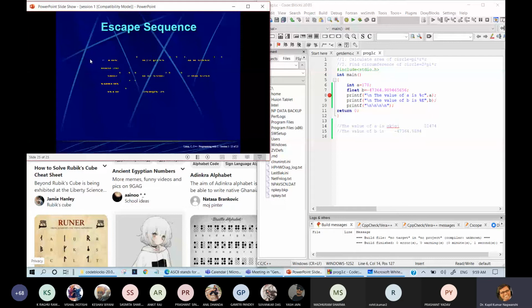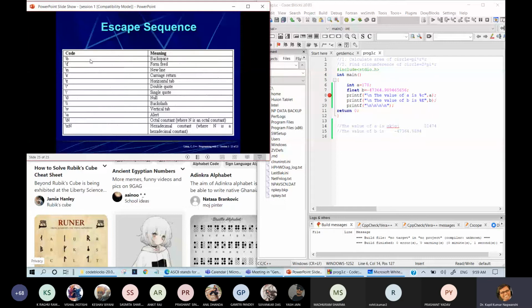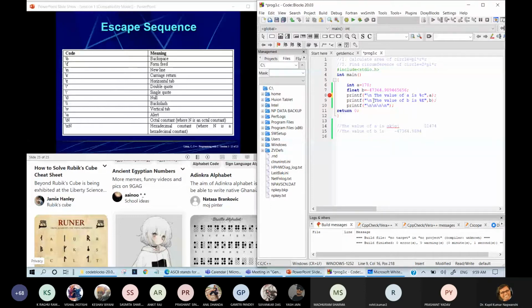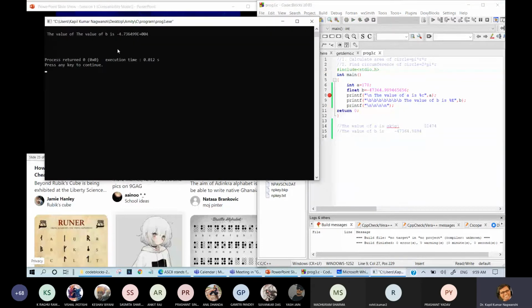Now come to escape sequences. Escape sequences are special sequences. If I am writing backslash B over here, many B's, so many B's I had written here, what will be the output? It will backspace. Whatever answer is there, you can see what is coming. The value of A is 178 or the character should come, but what is it doing?